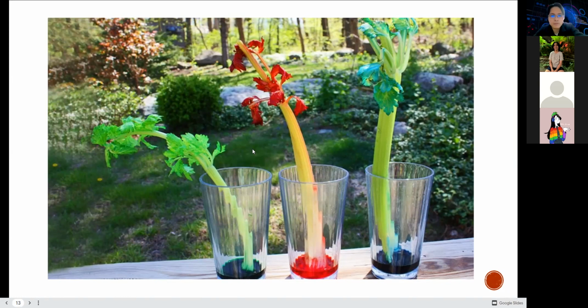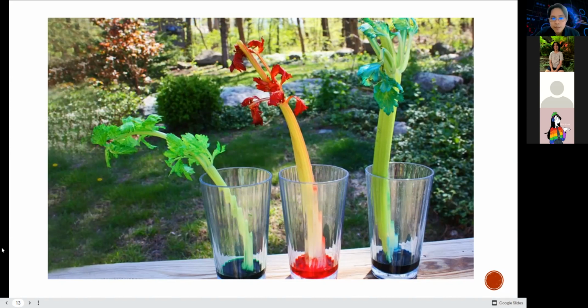The reason why these color pigments are carried by plants is capillary action. Plants have xylem and phloem.